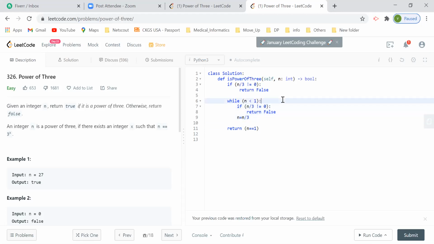So you're trying to find out if it's divisible, you're just avoiding the modulo operation. That's all, right? Let's see whether this executes. Then return true. But the while statement, while n is less than 1, so only while n is less than 1, you will do this operation.